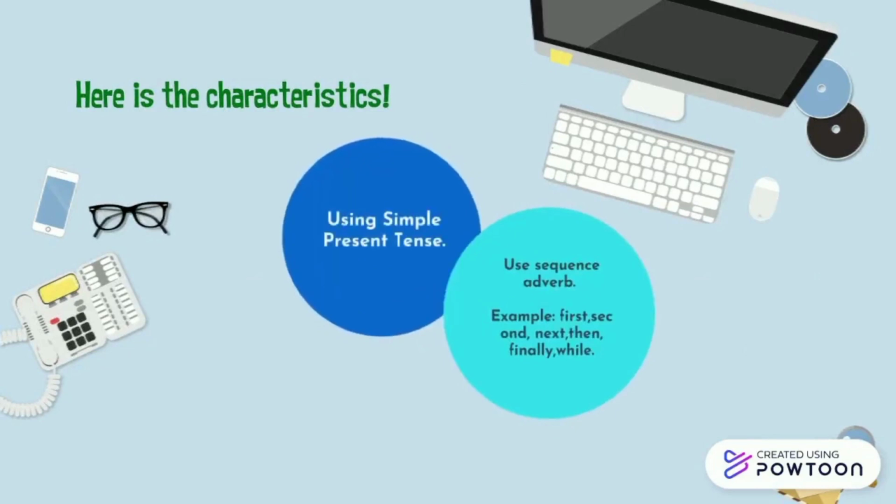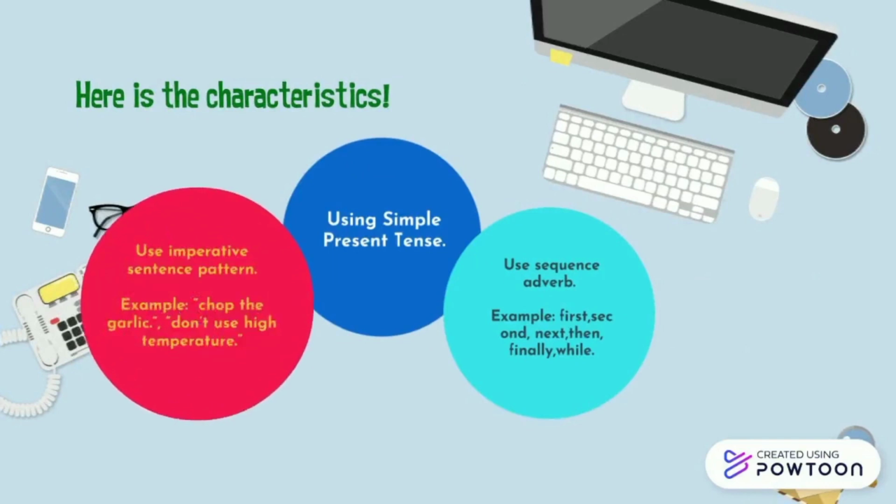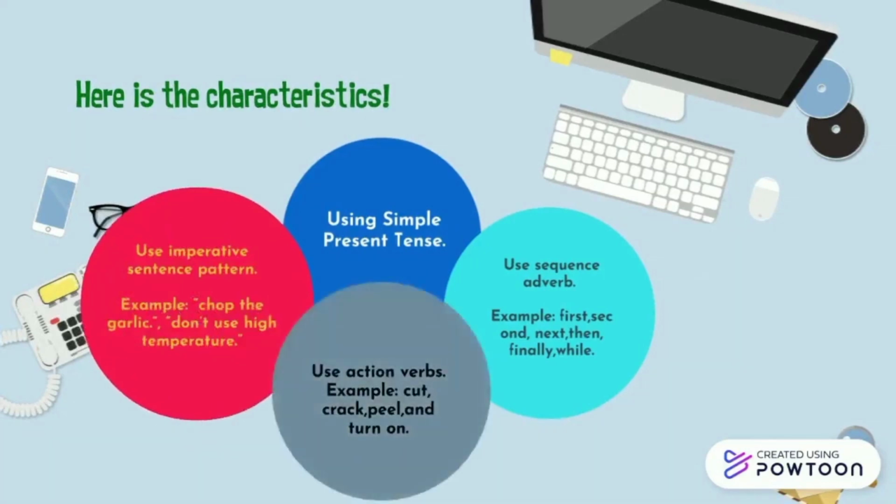Secondly, it uses simple present tense, and thirdly, it uses imperative sentence patterns. The example is "chop the garlic" and many more. And the last characteristic is the use of action verbs. Examples of action verbs are crack, peel, cut, and many more.